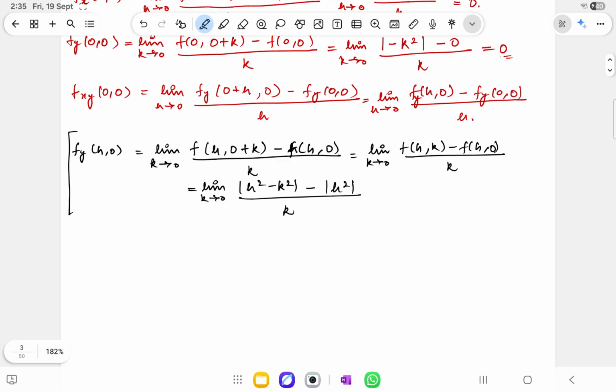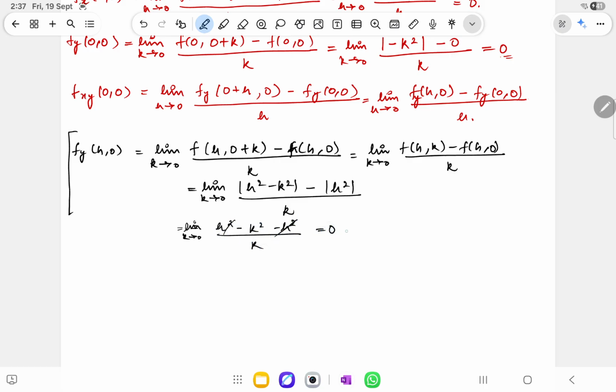So this is my value of f_h, h, 0. Now if I take the limit as k approaches 0, it will be basically equal to h square minus k square, which is h square minus k square only, minus h square, divided by k.